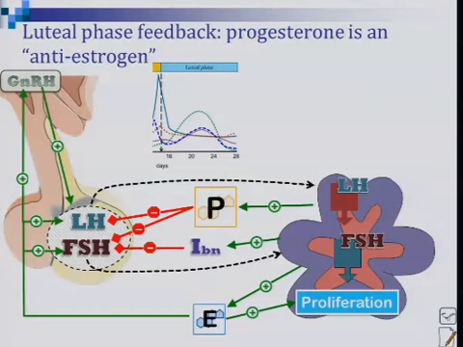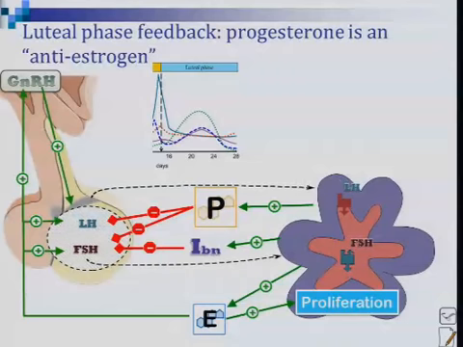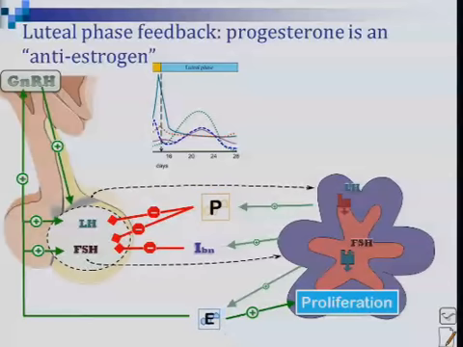Progesterone and inhibin, there's no confusion, there's no positive feedback. These are all involved in negative feedback. So LH and FSH decrease from their surge levels. That reduces their ability to promote estrogen synthesis. So the amount of estrogen, progesterone, and inhibin decreases.